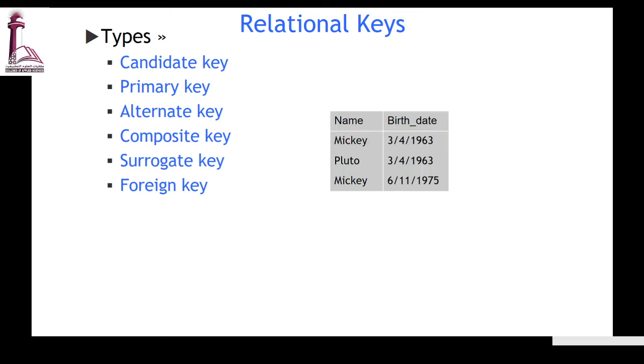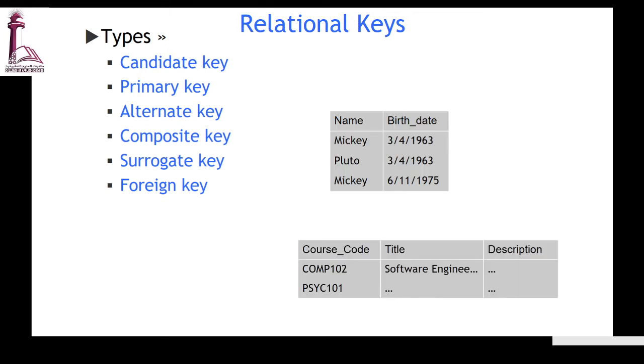Now we will consider 2 tables. The first table contains name and date of birth, and the second table contains course code, title and description. If you consider the first table, the name column has the values Mickey, Pluto and again Mickey, and the date of birth also has some values.